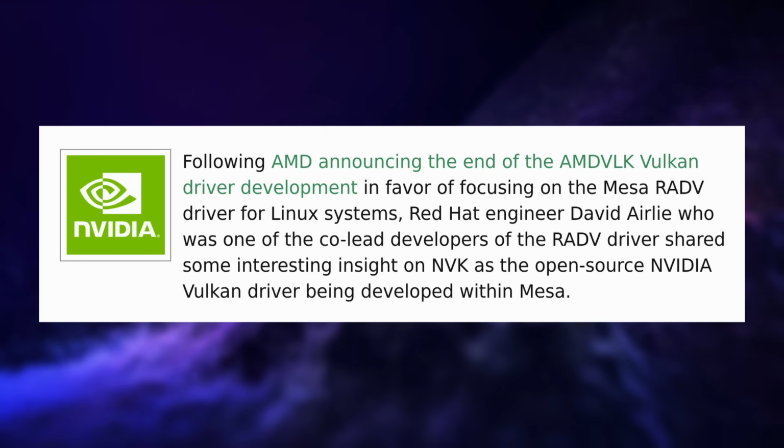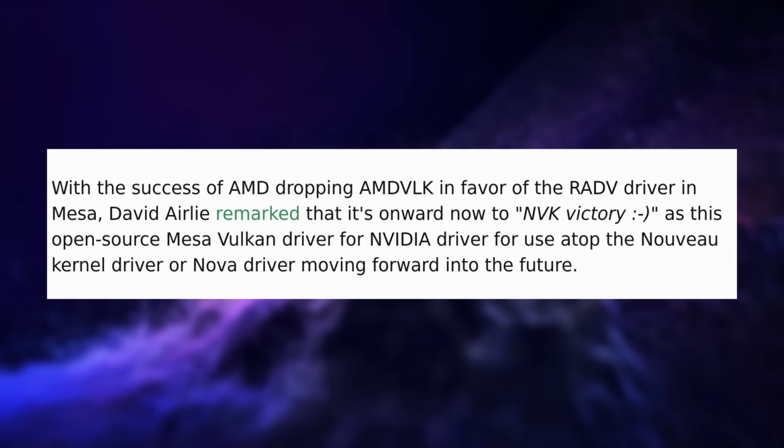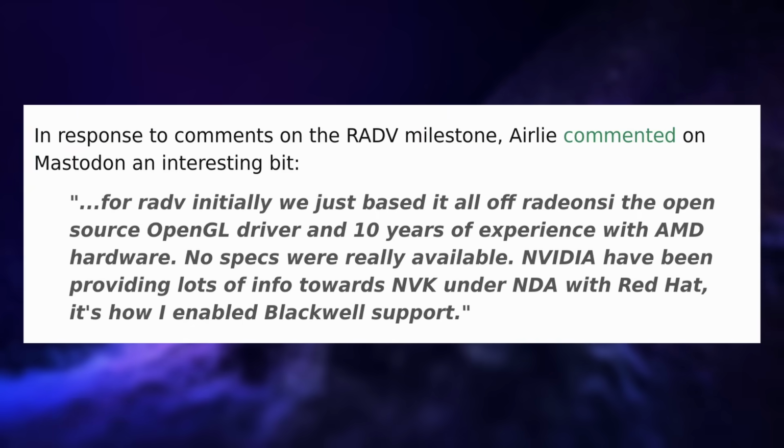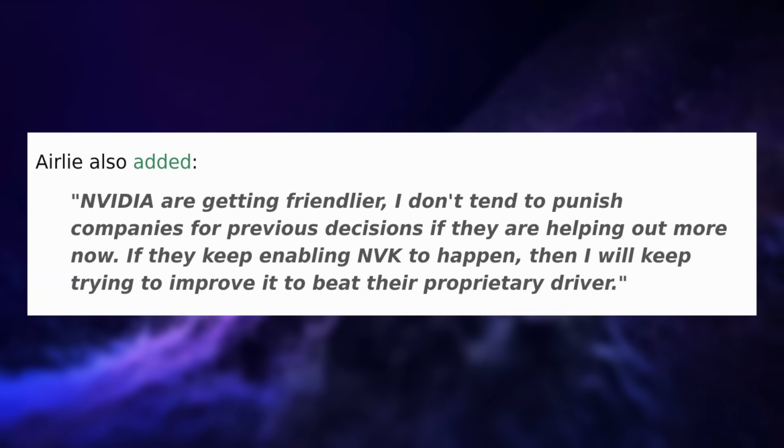David Airlie, one of the co-lead developers of AMD's RADV, the Vulkan driver for AMD, now apparently working on NVK, says that Nvidia gave a lot of information on their architecture to Red Hat and their developers, all under NDA. Of course, it's not like it's free public documentation, which would be much better, but it's still a first step. As the developer says, Nvidia are getting friendlier, and if they keep enabling NVK to happen, then they will keep trying to improve NVK to beat the proprietary driver.